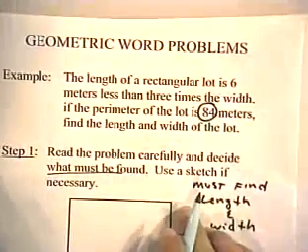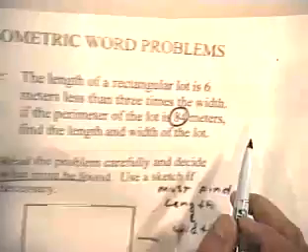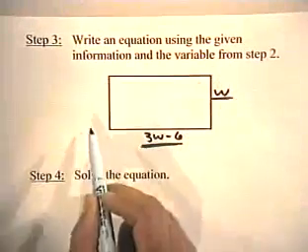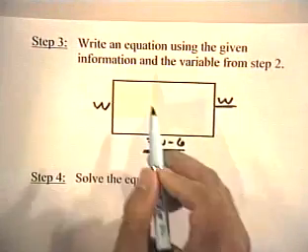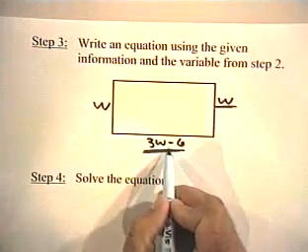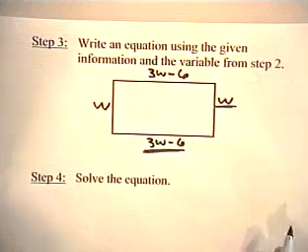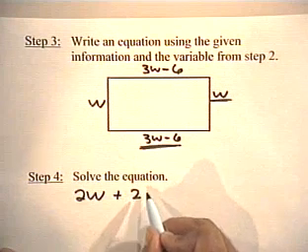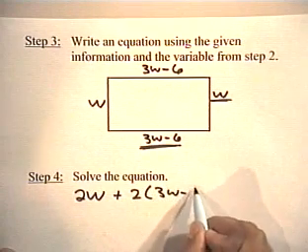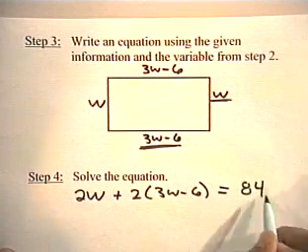It says that the perimeter is 84 meters. Well, what does perimeter mean? Well, perimeter is just the distance around. Well, if I've got a W here, then this, if I have 3W minus 6 here, this is certainly 3W minus 6. So the equation is 2W plus 2 times 3W minus 6, and that must equal the total perimeter of 84.